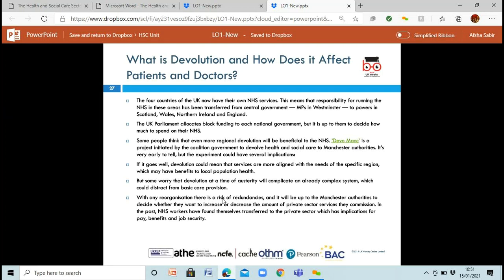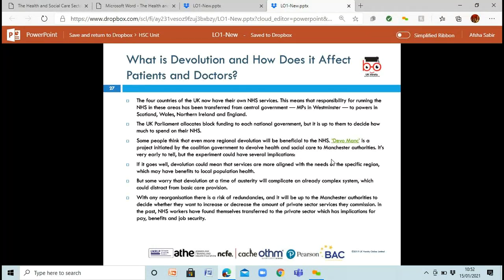What they're trying to do is give the health and social care responsibilities to authorities within Manchester. So it's still quite early and quite experimental, and the judgment is still out on whether or not it's going to work.